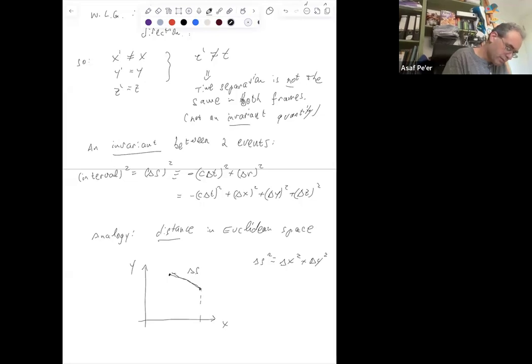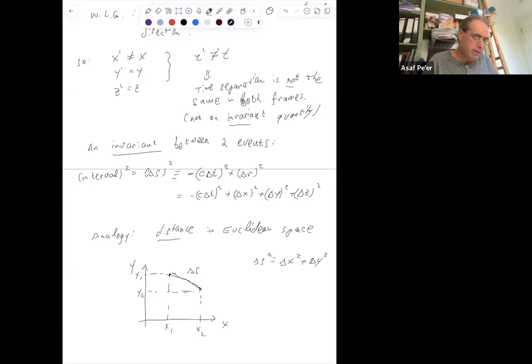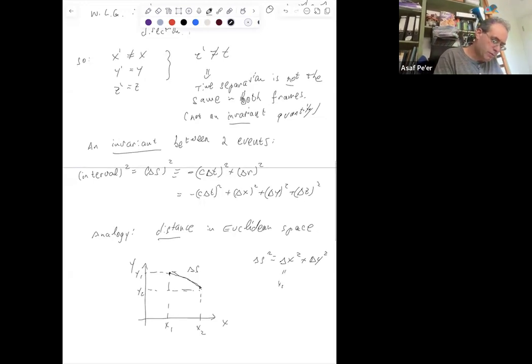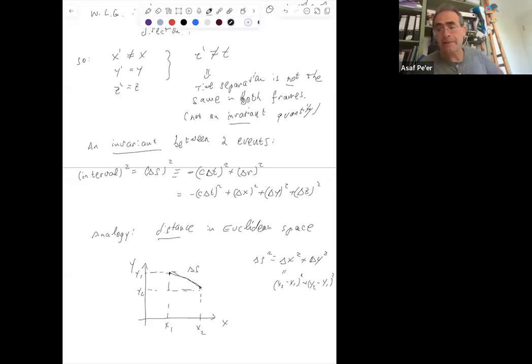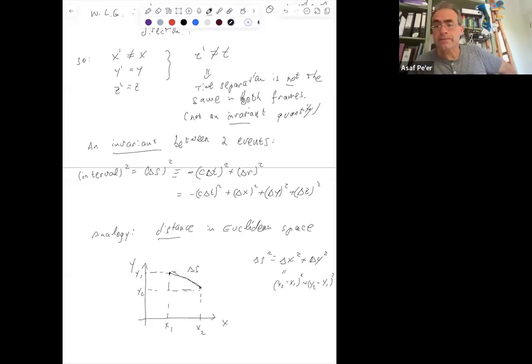This is x1, x2, y1, and y2. Delta x is x2 minus x1, squared, plus y2 minus y1, squared.